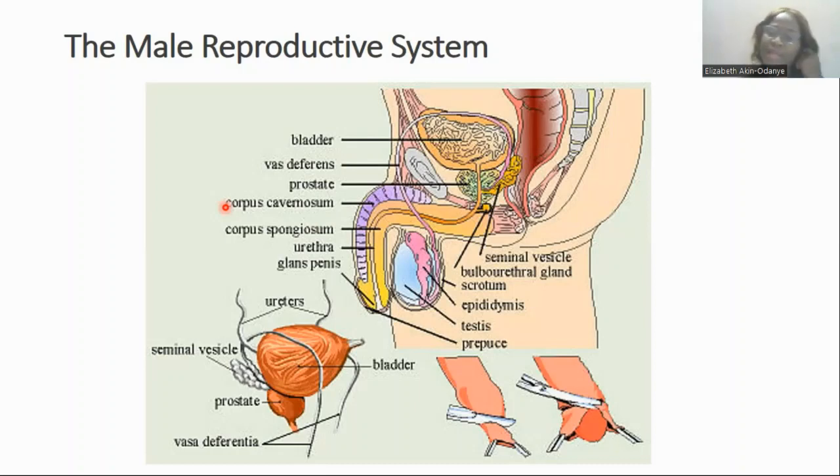And during sexual arousal, there are blood vessels in the corpus cavernosum and corpus spongiosum. These blood vessels are filled with blood from the arteries that supply them, and the pressure seals off the vein that drains this blood.